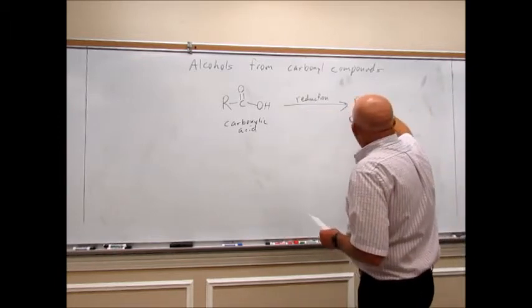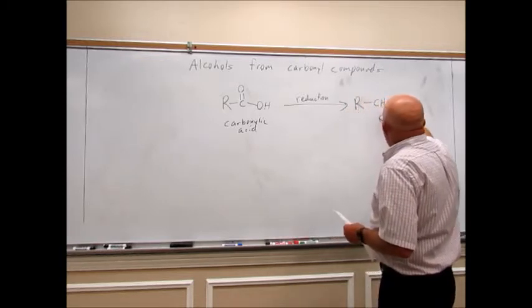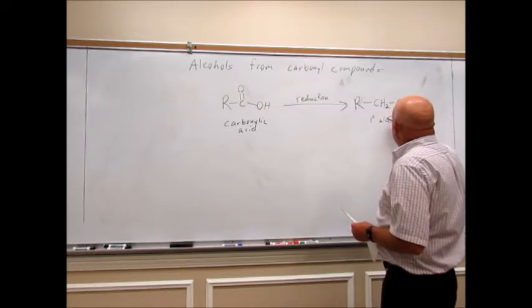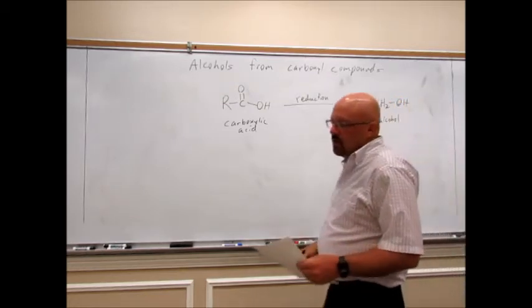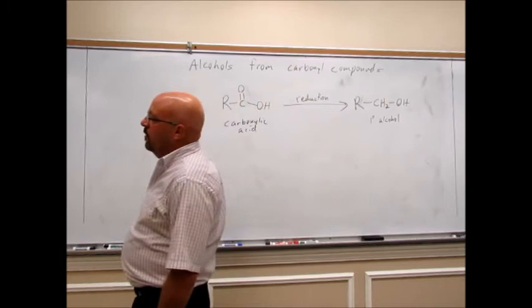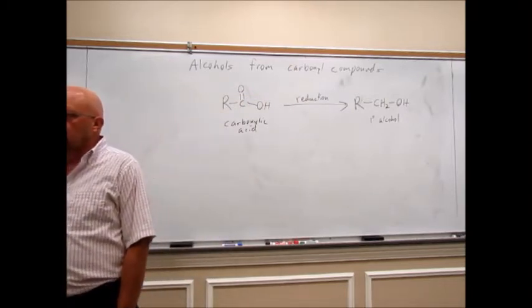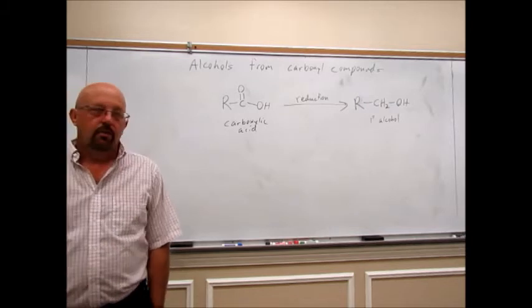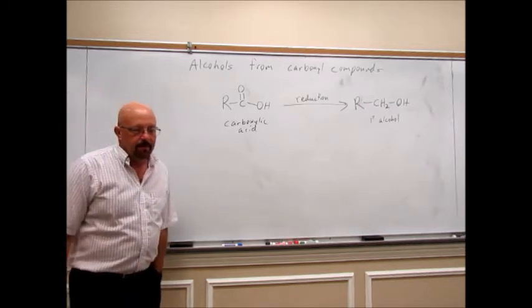But a carboxylic acid we can reduce to a primary alcohol. Now there's no reason to memorize that, because if you learn our mechanisms, then you can figure it out.